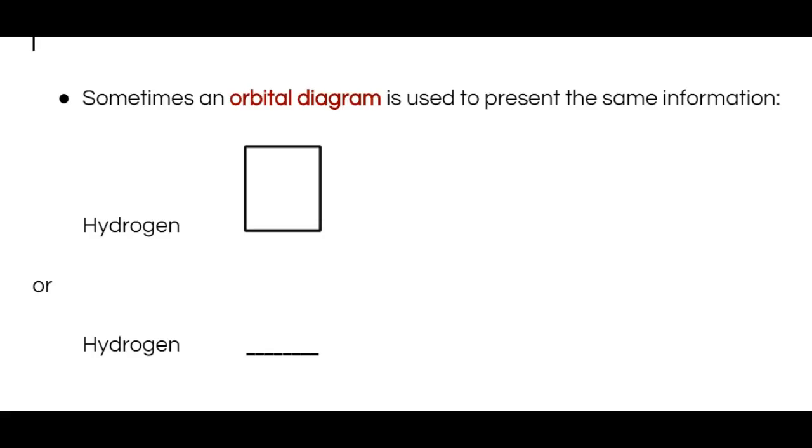So sometimes, alternatively, instead of the electron configuration, you might also see something called an orbital diagram that might be used to present basically the same information in slightly more detail. I'm going to show you 2 different ways that you might see that information depicted. You'll either see some sort of a square, sometimes even a circle, with the element name to the left. And then what you'll see drawn are the electrons.